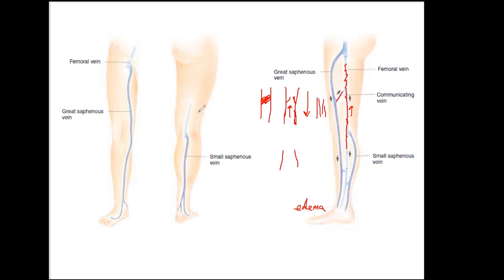Like people walking, they move the muscles in the leg area and push the blood upward. But when muscles relax, the blood could easily come back, so the valves close here and it couldn't return back. So one muscle contraction pushes the blood upward, then another muscle contraction makes the blood go upward, and finally it returns to the heart.